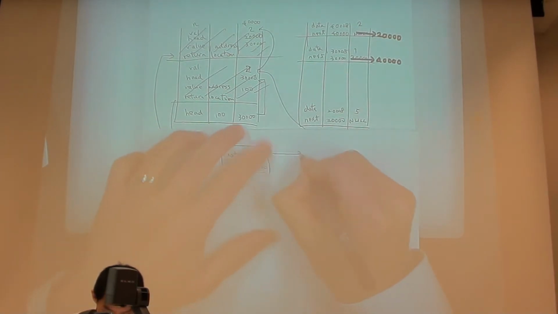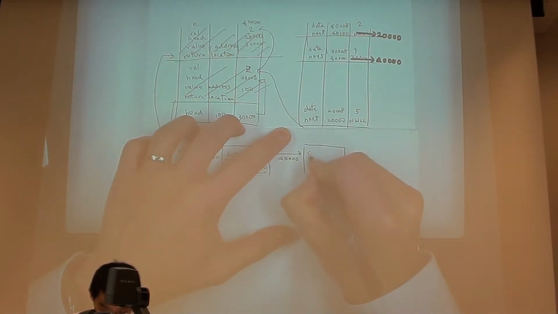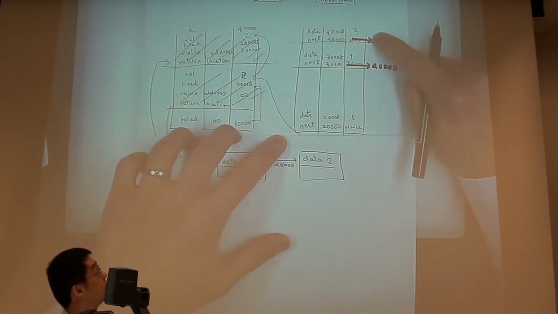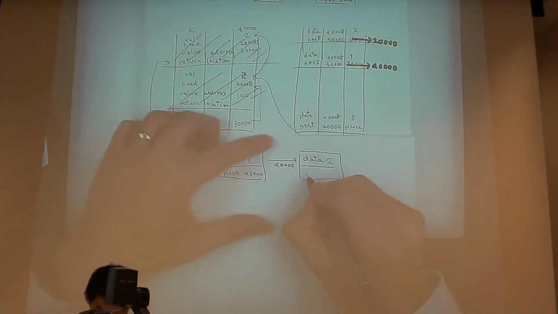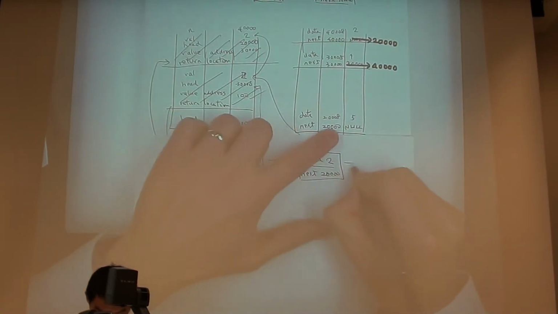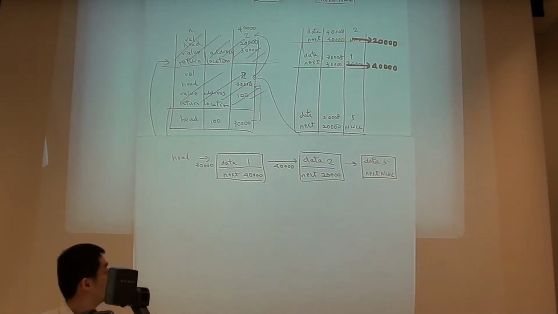So we point to 40,000. The data is 2. And the next is 20,000. So 20,000 data is 5. So we have inserted in order.